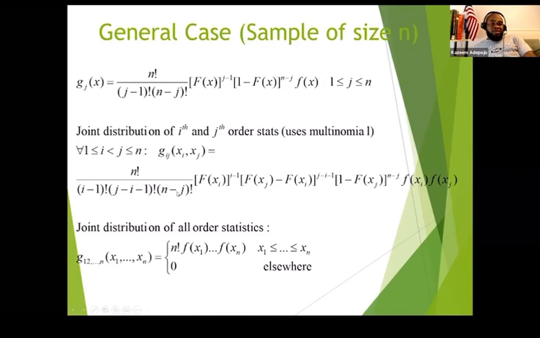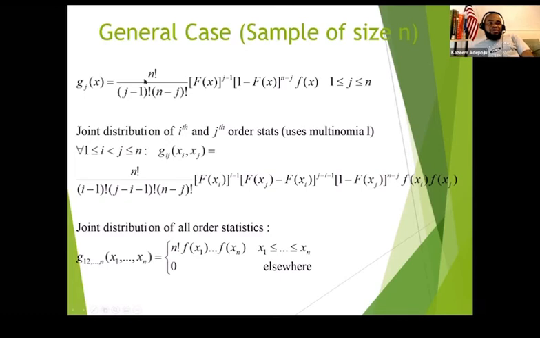So take a look at this one here and this one here, they are not the same. And you know what, if I now want to talk about the probability distribution of all the variables from x1 to xn, which I mean the joint probability distribution of x1, x2, up to xn, then I'm going to have n factorial, which is the number of the x's, multiplied by the respective probability distributions of the x's.